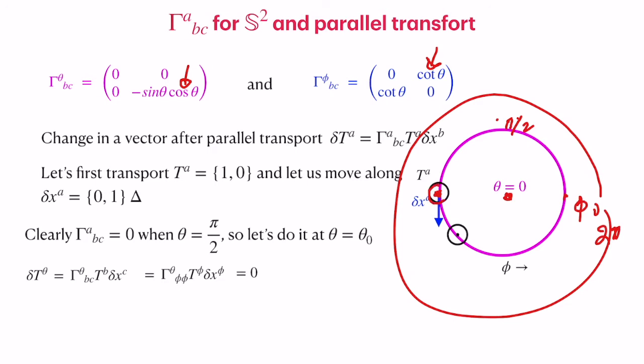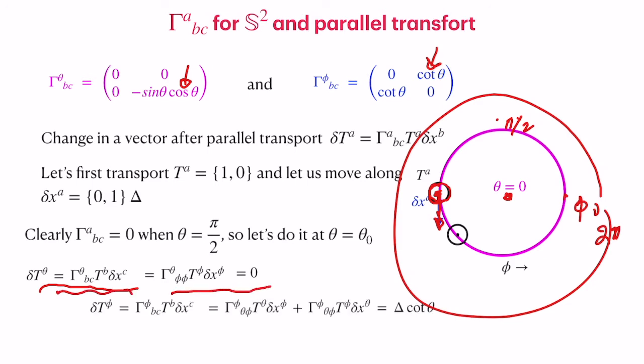That is why it is drawn as a circle and a point, which means it is going through the plane. And then we have delta A in the direction of theta, and theta here is some theta naught which is not 0. So you can again look at the change in theta direction, you can compute this and it turns out to be 0.